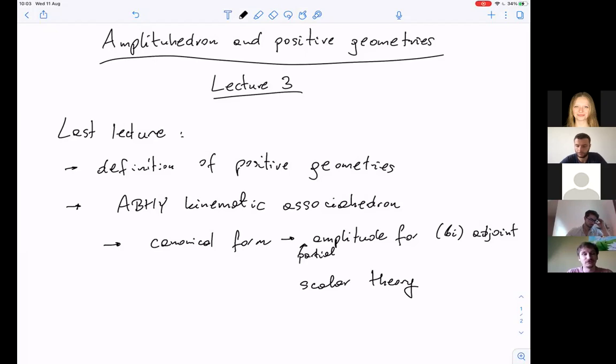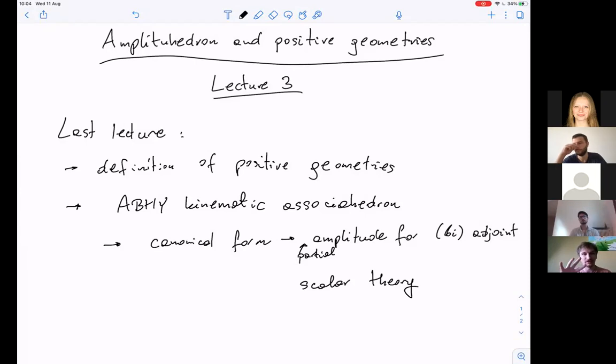And if you didn't know anything about Feynman diagrams, you still can use this prescription. You can find all the tree-level amplitudes in this biadjoint, or in the adjoint, scalar theory. So that was the goal which I set up at the very beginning in the first lecture, saying that we want to understand how to avoid using Feynman diagrams and just go directly to geometry and extract the answer from geometry.